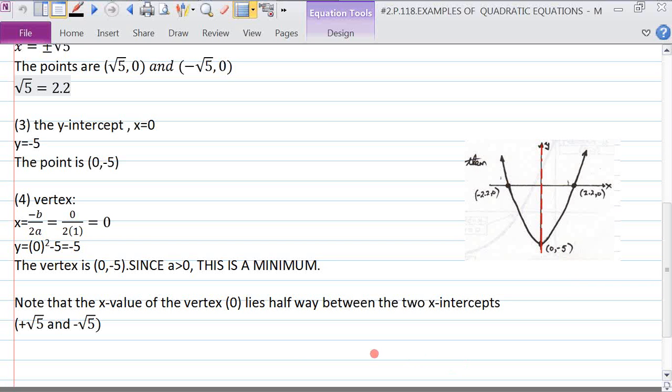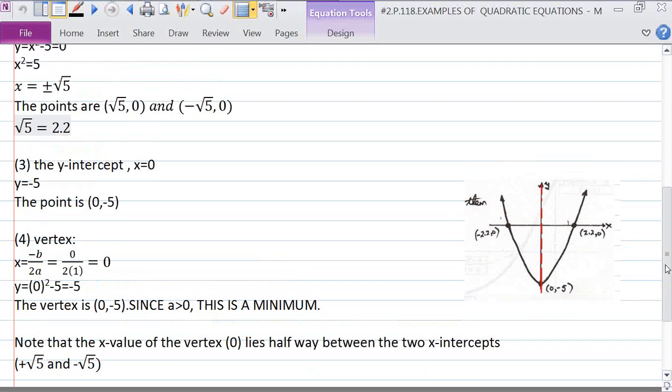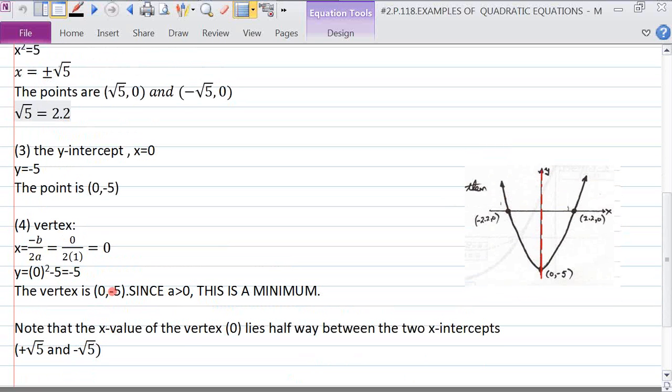Just a coincidence here. So it just happens that the y-intercept and the vertex are identical in this case.